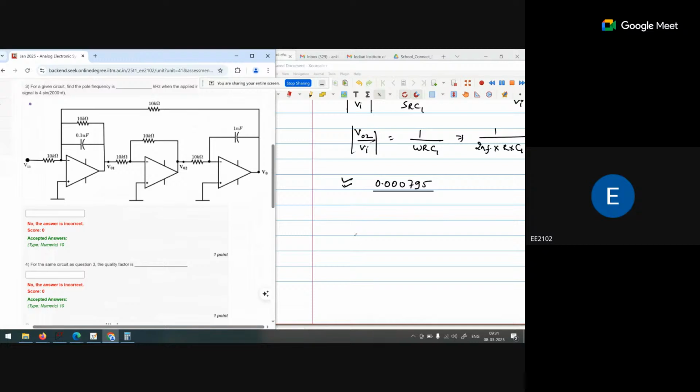What is the output? The relation is V out upon V naught 2, which is nothing but 1 upon SRC. And if I say that this is R2, I just copy paste.